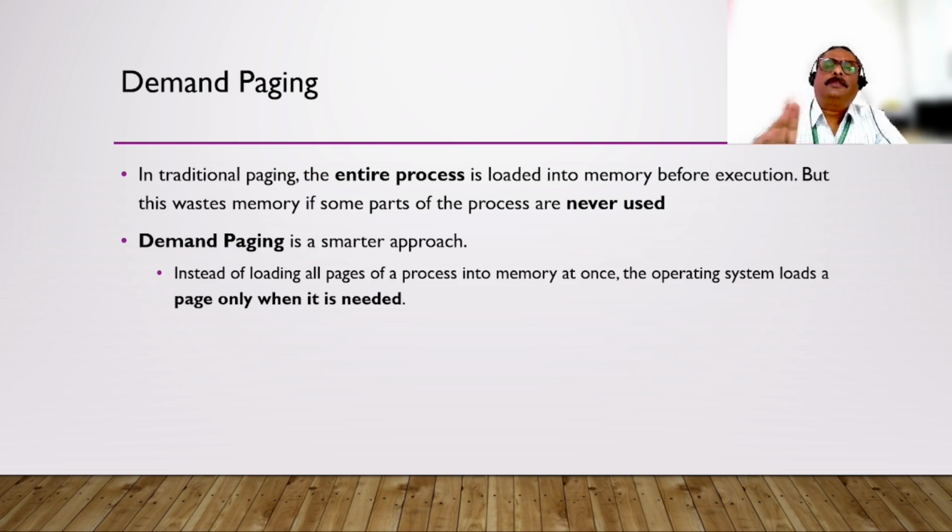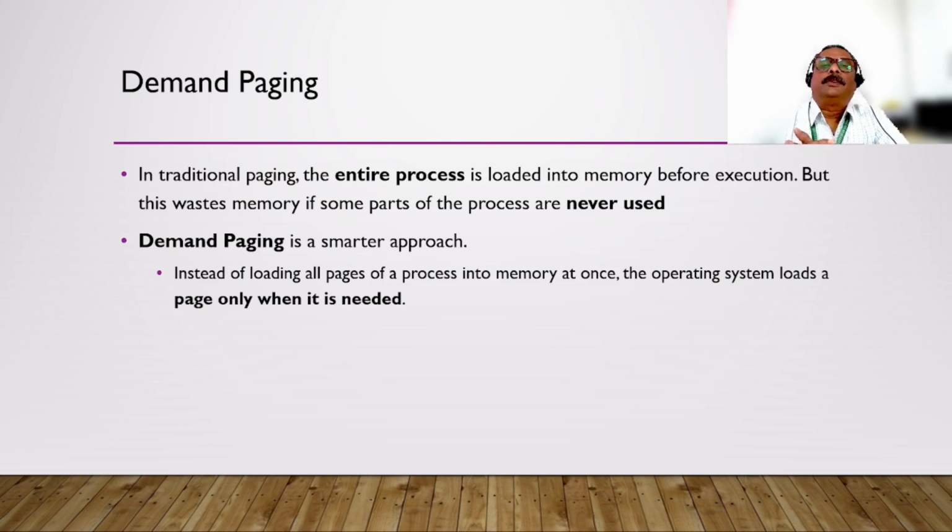But it's not necessary that all the processing is done instruction by instruction in the same sequence. There may be jump statements, conditional jump statements and so on, because of which the control will be shifting from one page to another. So it is logical that we have more than one page on the main memory, so that even these jumps are taken care of.